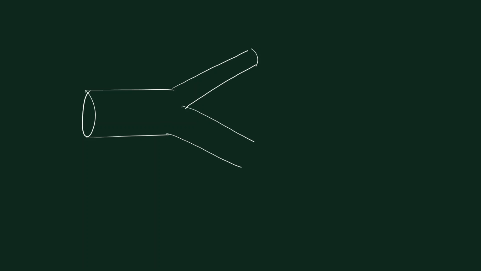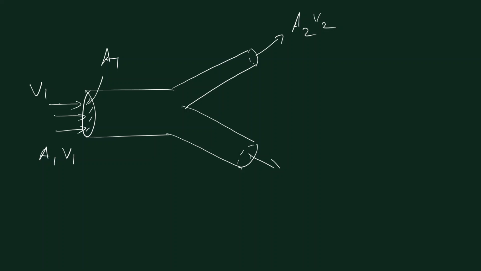Another very simple example of this is a branched pipe. So a branched pipe like this, through this cross section water is entering at a rate of A1 V1, where A1 is area and V1 is velocity, and through this cross section water is leaving at a rate of A2 V2, and through this cross section it is leaving at a rate of A3 V3.